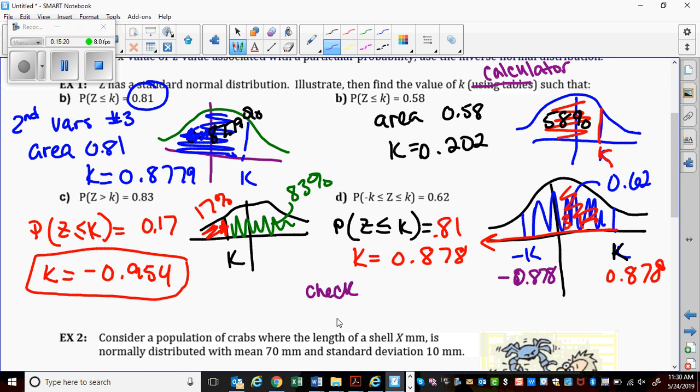Go to normal CDF, where our lower bound is negative 0.878 and my upper bound is positive 0.878, and see if the area underneath that is 62%, or 0.620. It'll work. So my x is greater than negative 0.878 and less than 0.878. And see if that works.